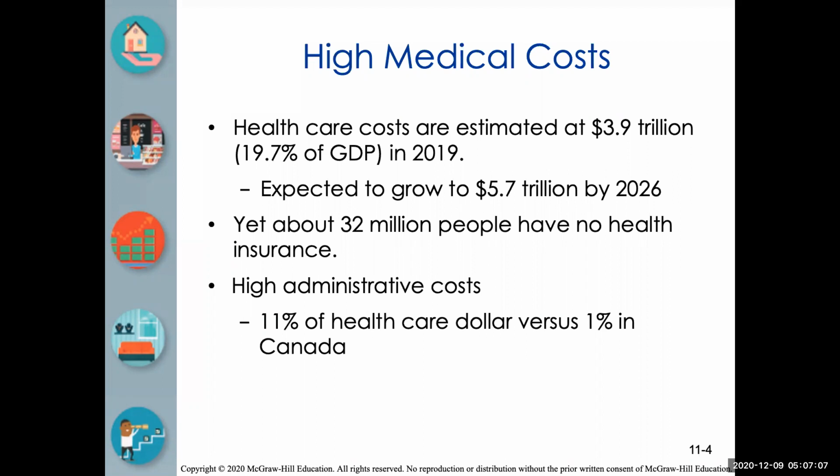And that's versus 1% in Canada. Now, I don't know enough about the Canadian healthcare system to give you any real insight into why there's such a dramatic difference in the administrative costs between the United States and Canada. But nonetheless, the point here is that having a healthcare program in the United States is expensive.